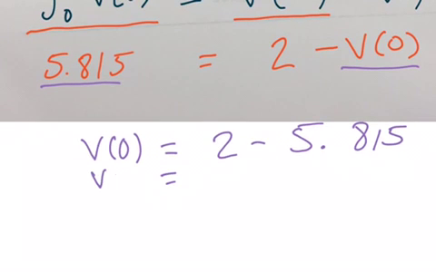And then we get x of 0 is equal to 2 minus 5.815, which yields what? Well, 2 minus 5 is negative 3, so negative 3.815. And that is our position. And that is our answer. Hopefully that makes sense. And I'll see you on 1D.